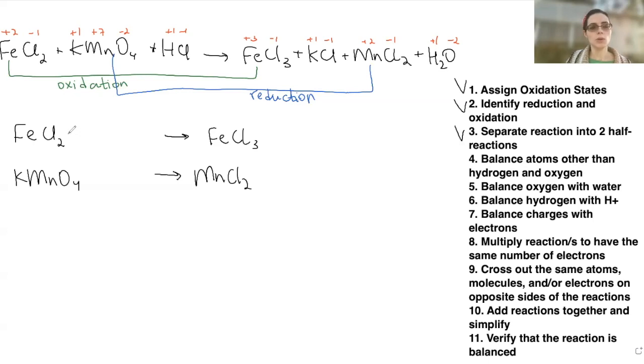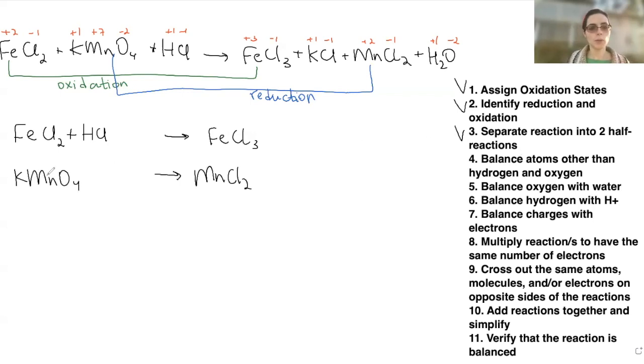So I will add HCl, and this is how I will balance chlorines. My hydrogens are not balanced, but that's fine because this particular step is balancing atoms other than hydrogen and oxygen.